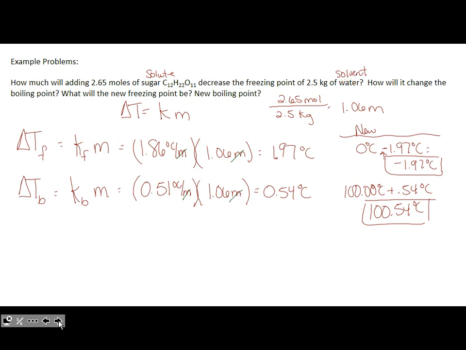If we have two solutions of equal concentration, 1 molal, if one of those solutions is made with a covalent solute and the other is made with an ionic solute, the ionic solute is going to change the colligative property more. The boiling point will be higher in the solution that has the ionic solute. The freezing point will be lower in the solution that has the ionic solute. All right, there you have it, colligative properties.